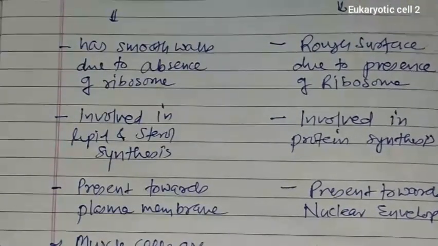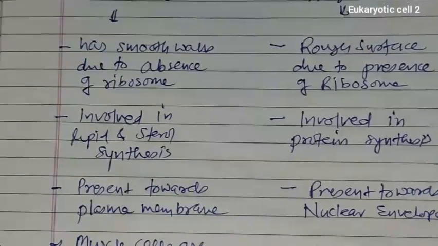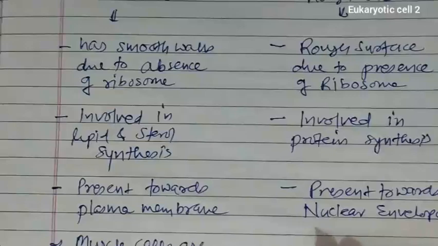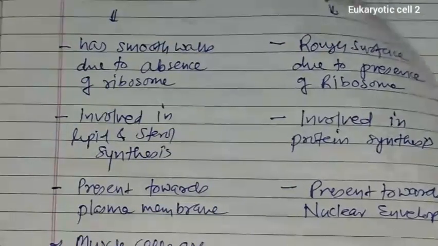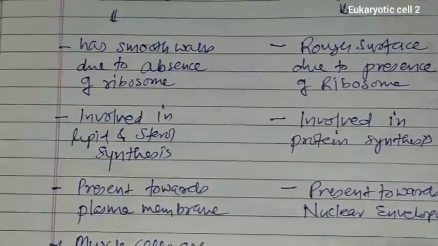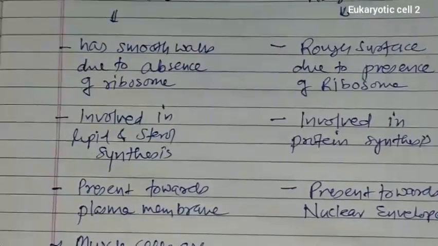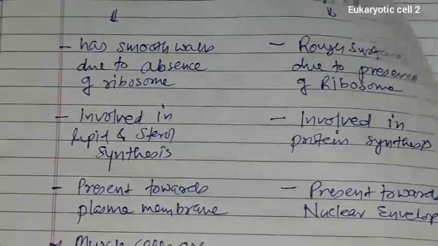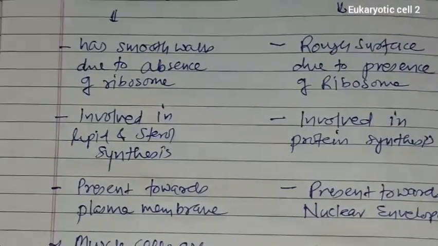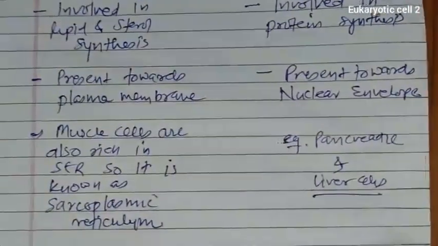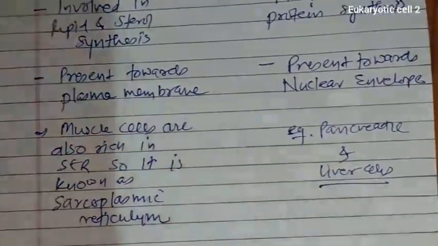And granular or rough endoplasmic reticulum is found in cells which are involved in protein synthesis, and the examples are pancreatic and liver cells. In these, granular or rough endoplasmic reticulum is abundant. Now we talk about the functions of SER and RER.